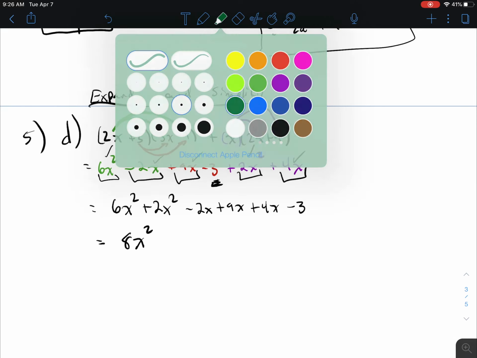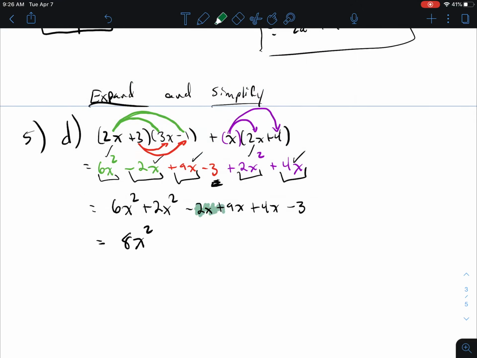So what I'm doing is this guy right here: negative 2 plus 9 is 7, and then adding another 4 is going to be 11. Yes, 11x. And that's your final answer. That's fully expanded and simplified.